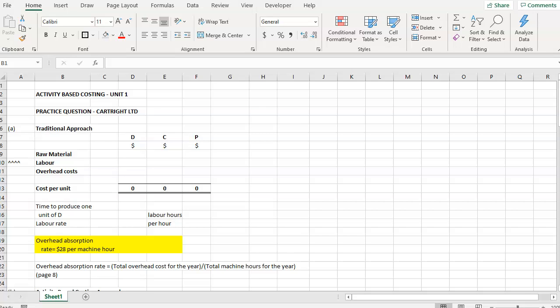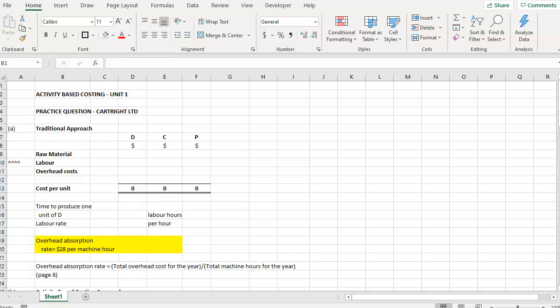Now, the traditional approach is much easier to understand, but it is not as accurate a reflection of the way in which the various products use up the resources of the organization in its production process.